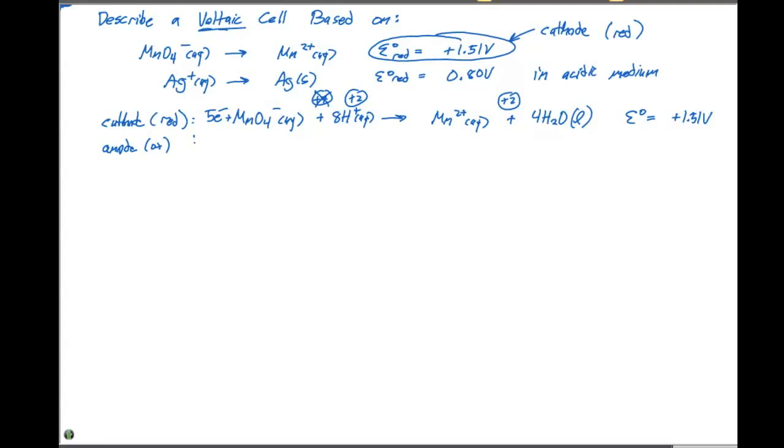In this particular case, we're going to have silver solid being oxidized to silver plus. In this half reaction, we have to put an electron over here on the product side to balance out the charges. So now the reactant and product side is going to be neutral.